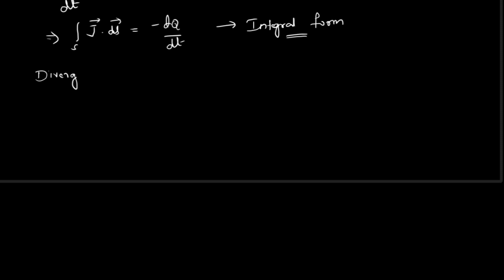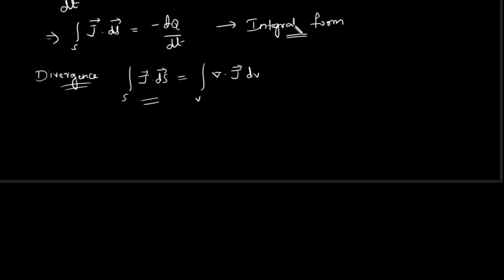I will just apply the divergence theorem to write my surface integral J dot ds in a volume integral form. Applying the divergence theorem to surface integral J dot ds, I get the volume integral of divergence of J over the volume. This is directly lifted from the divergence theorem, so I hope you agree with this.